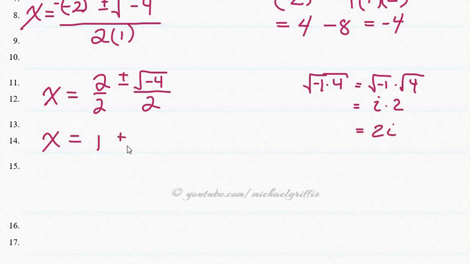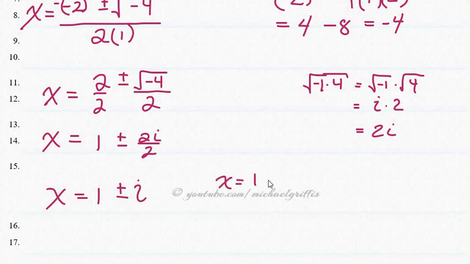So this is plus or minus 2i over 2, which reduces down to 1 plus or minus i. So there are two solutions here: 1 plus i, and 1 minus i.